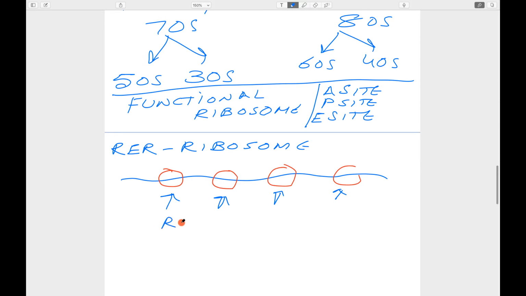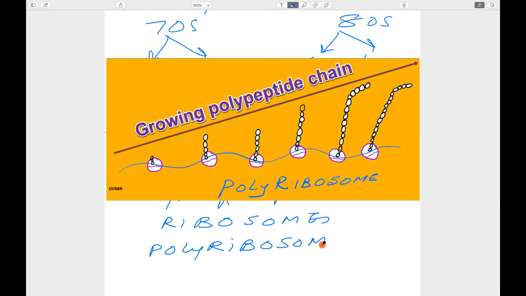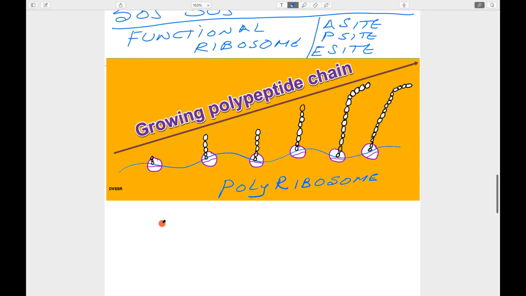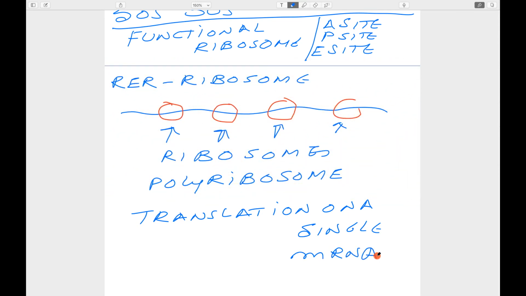This we also call polyribosome. In all these ribosomes, polyribosome, various units, the protein translation takes place on a single messenger RNA. Okay, so this is about the ribosomes.